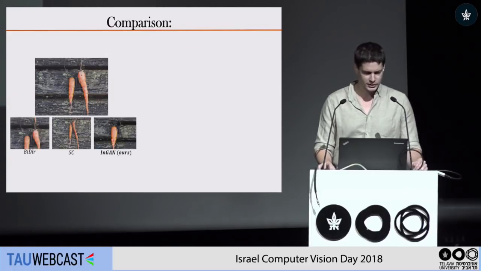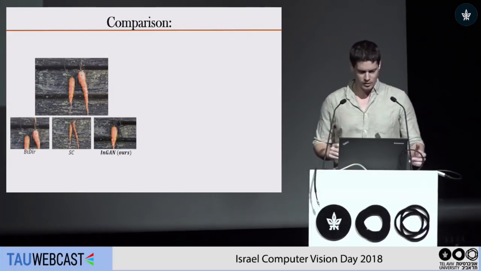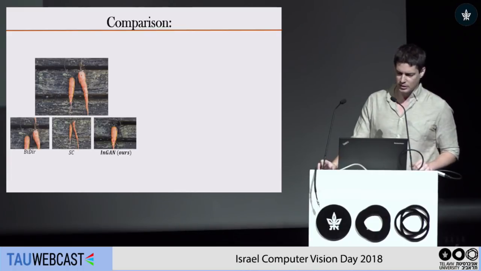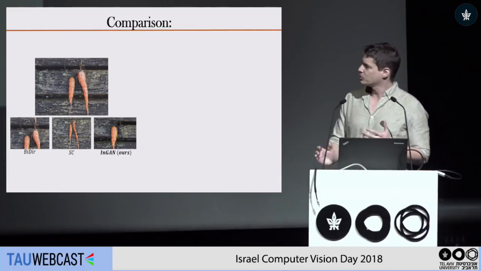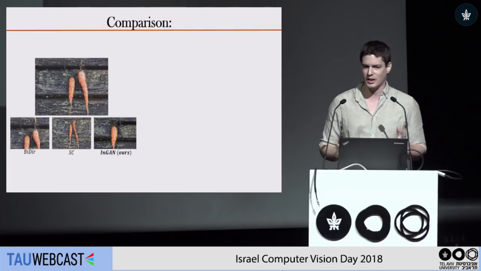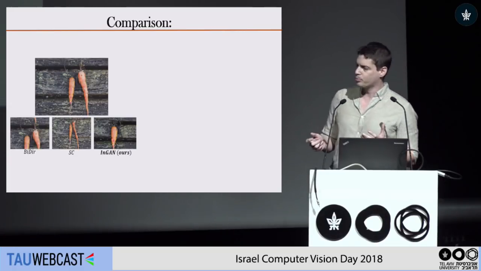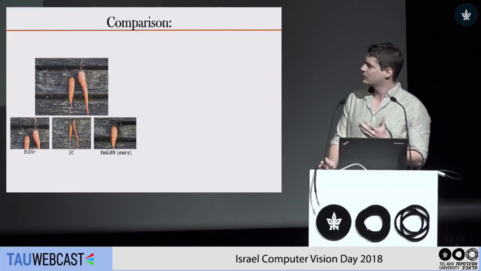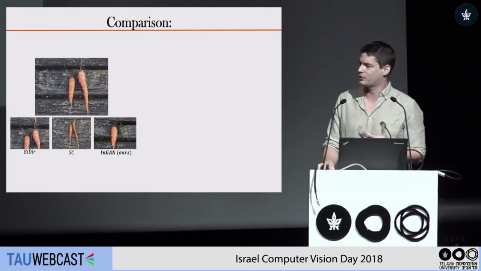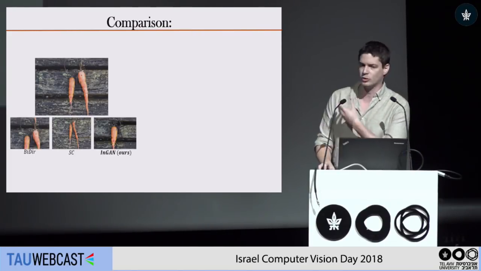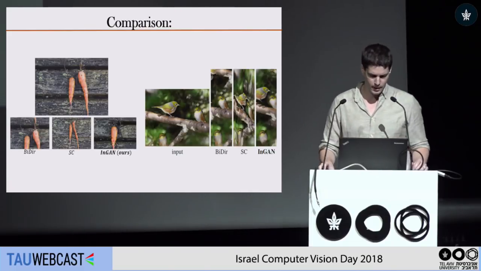Here's some more comparison, and in this comparison you can see that the bidirectional similarity produced something that more or less looks like just taking a crop from the top part of the image, and InGAN produced something that I would consider a really good visual summary of this image. It only has one carrot.